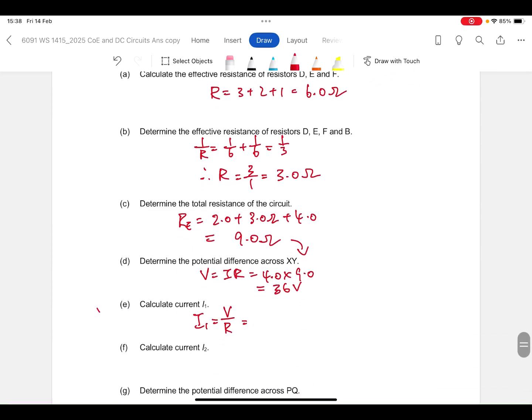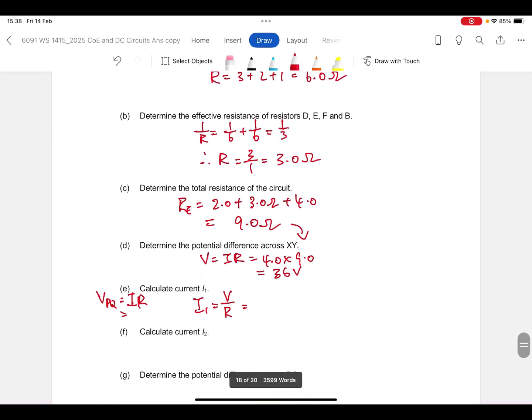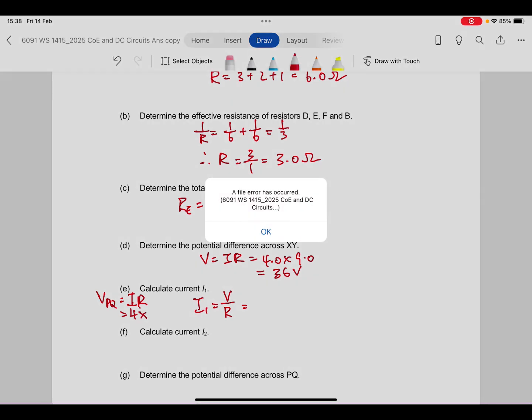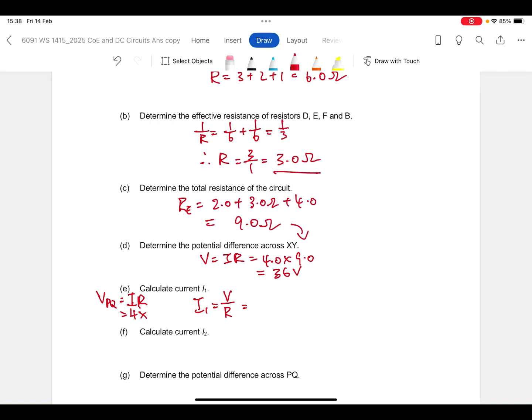So find VPQ first. V equals IR. The current in the main circuit is 4 amperes, and the resistance of the parallel part alone is what we found in part B, which is 3 ohms. So it's 12 volts. So the current in the first branch will be 12 volts divided by the 6 ohms for the first branch.